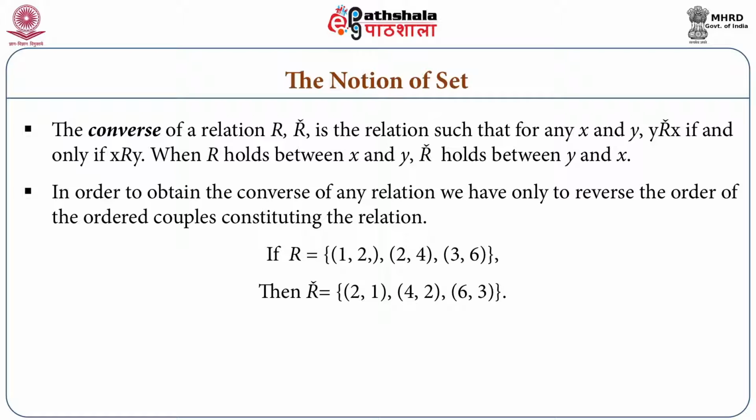You see the sequence has changed from 1 to 2. In the converse it has become 2 to 1. Just change the order of the pairing. That's how we get this idea of converse relation.